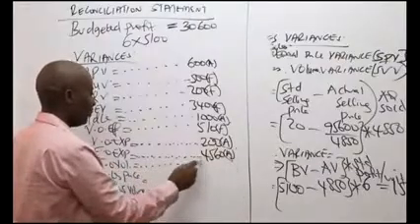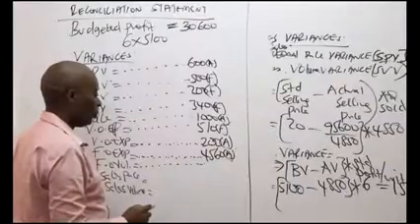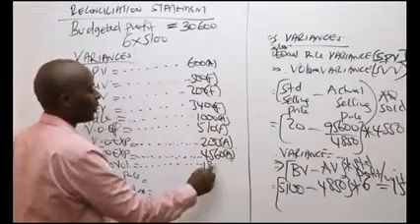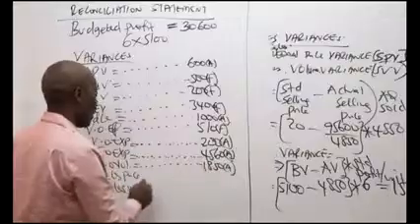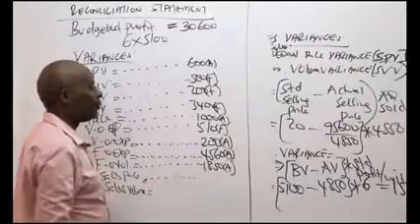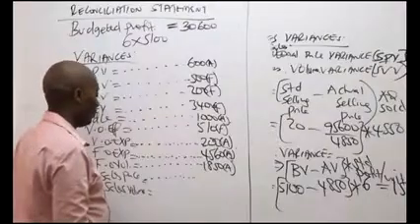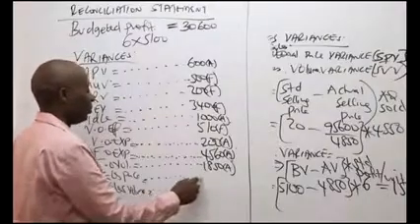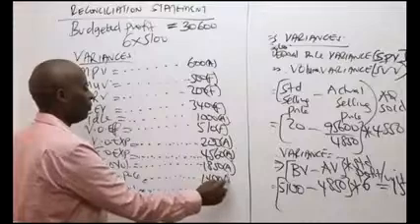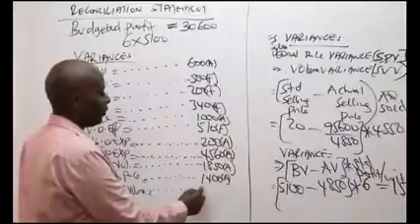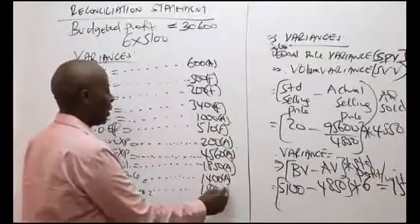Volume: 1,850 adverse. Sales price: 1,400 adverse. Sales volume: 1,500 adverse. Thank you very much.